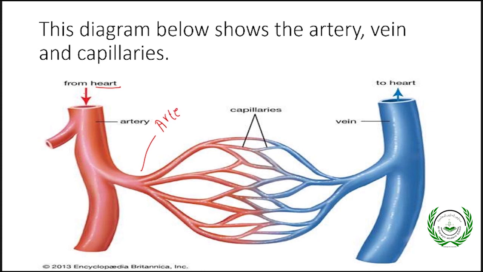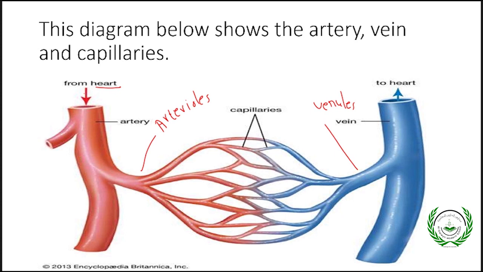So here is the diagram. This diagram summarizes what we have discussed so far in our lesson. The reddish part is called the artery. The artery comes directly from the heart and pumps the blood from the heart into the cells. This arrow illustrates the direction of the blood flow.